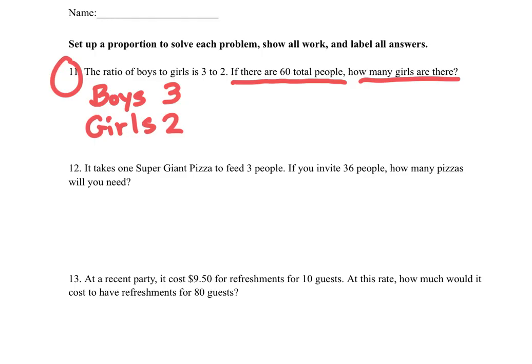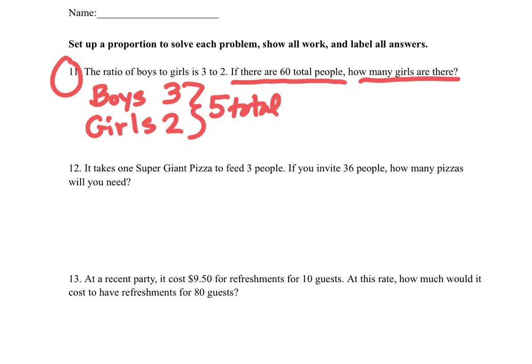So we know how many girls there are to boys, but how many are there total? Okay, there would be 5 total in this scenario. Okay, so for every 5 total people, 2 of them are girls. Does that make sense?